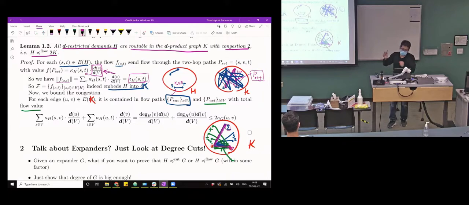I mean, I really just look at the, how should I say this? I said that this is the source, but there is no direction. It's just like the demand between S and V. We can think of this as V is a source that sends to S2.